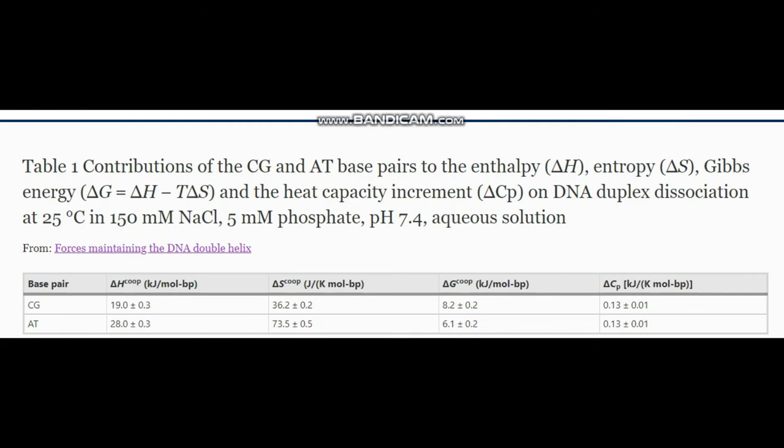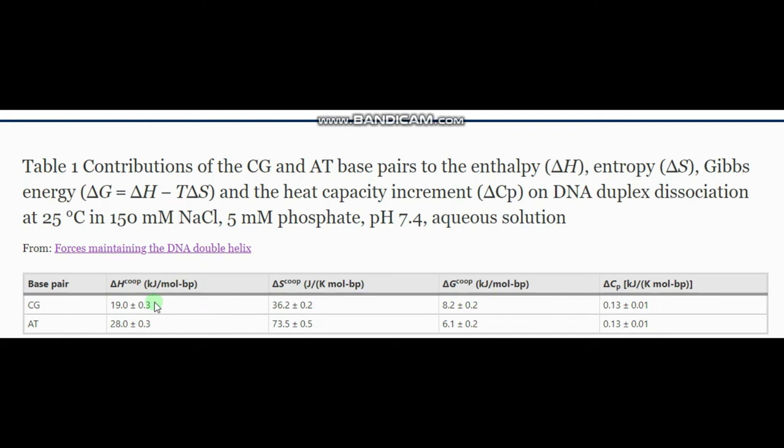But what these data also tell us is that the hydrophobic effect alone is not enough to make the double helix stable, because delta S is still positive for unfolding, which means that if it were down to entropy alone, unfolding would be the favourable thing. That's what would happen. What prevents it from unfolding is that in addition to the hydrophobic effect, you have something which makes delta H of unfolding positive.